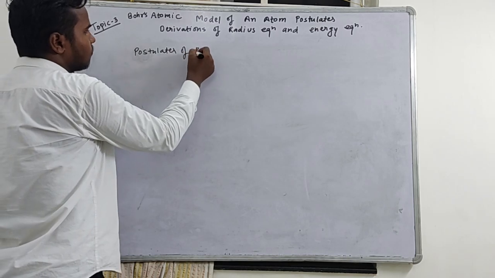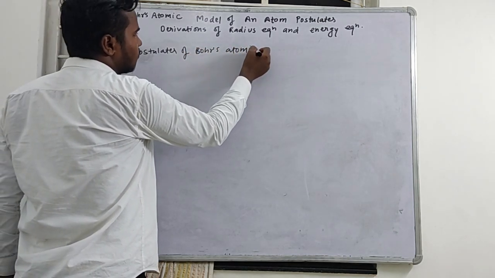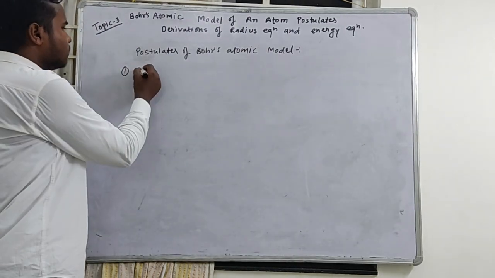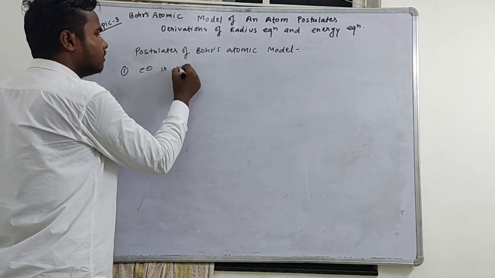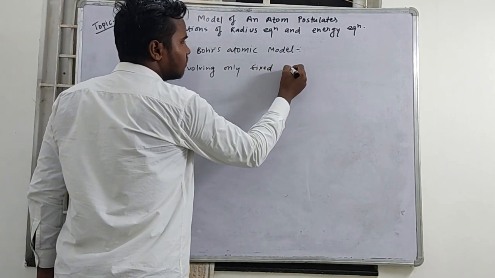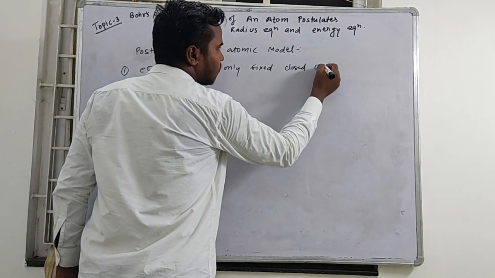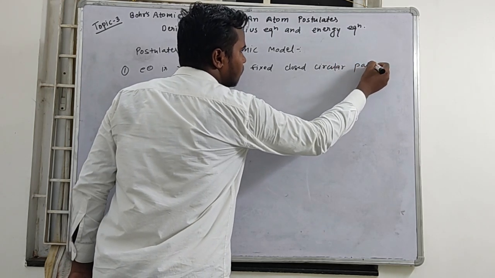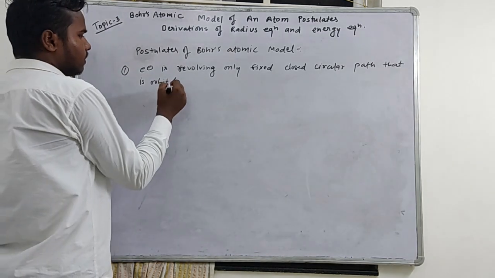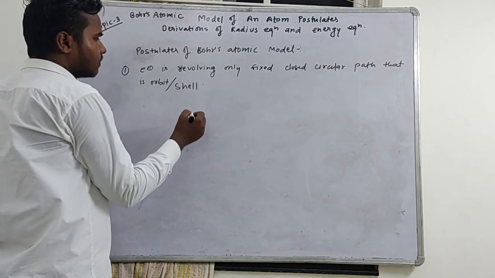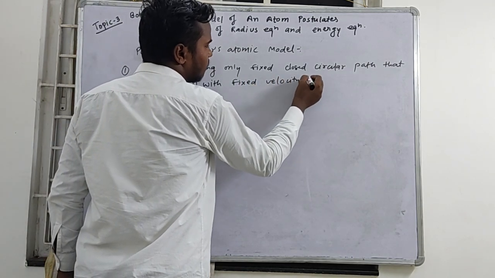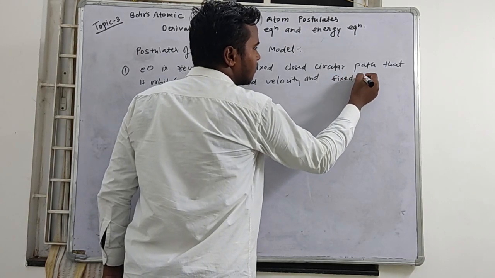The first postulate of Bohr's atomic model is: the electron is revolving only in a fixed closed circular path, that is an orbit, in other words known as a shell, with fixed velocity and fixed energy.